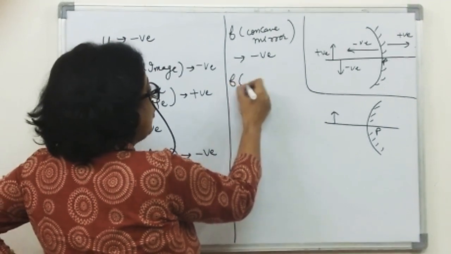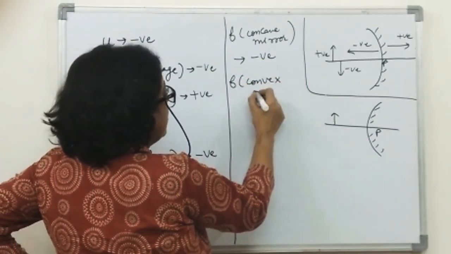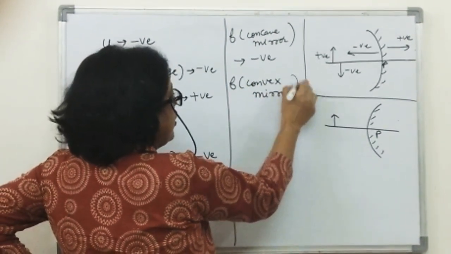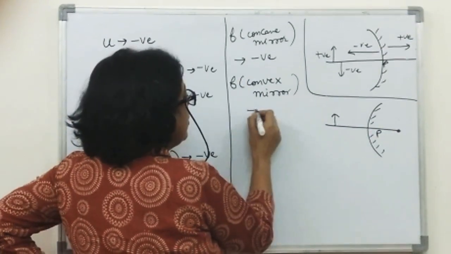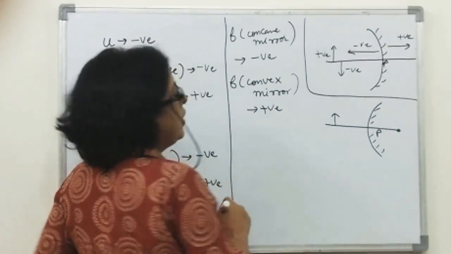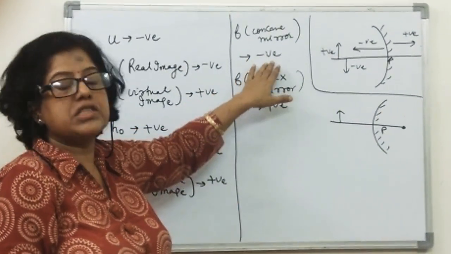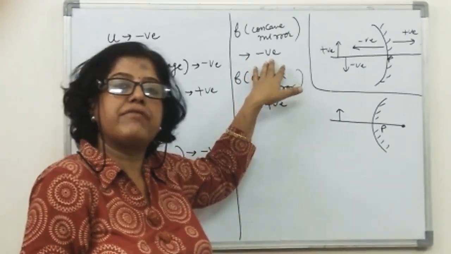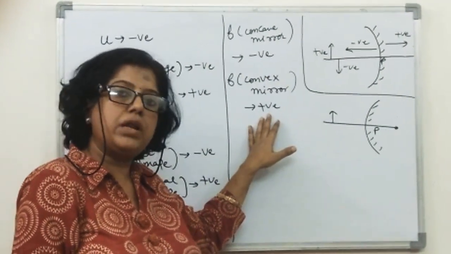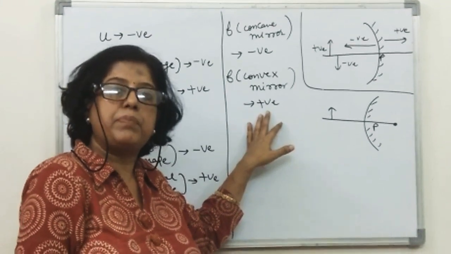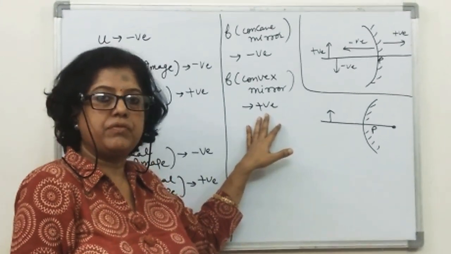Focal length of a convex mirror: a convex mirror has a focus behind the mirror, so the focal length will be positive. Fine. So if you are given that a concave mirror has a focal length 20 centimeter, that means f will be minus 20 centimeter. If you are given a convex mirror has a focal length 20 centimeter, then f will be plus 20 centimeter. Fine.